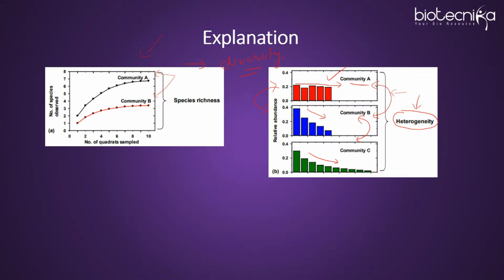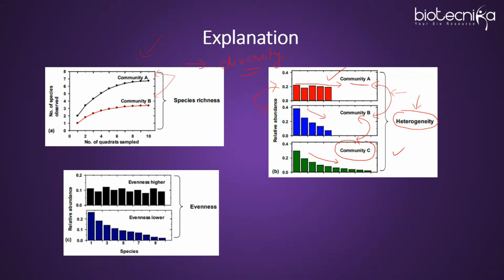Can I get some answers in the chat section? Yes, that's correct, Aditi. Community C. Why? Because the relative abundance pattern is the same, but community C has more species. So we have to check both parameters before finding which community will be more diverse.